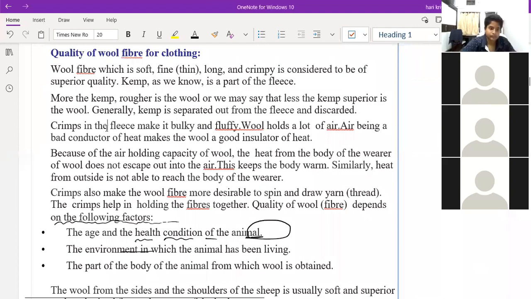Different animals will have the fleece, and the animal will contain this because of the exposure to sunlight and wind and everything. So these are some factors that play an important role in the quality of the fiber.